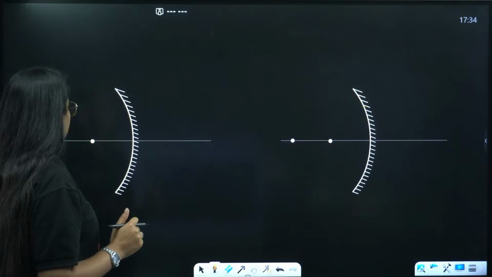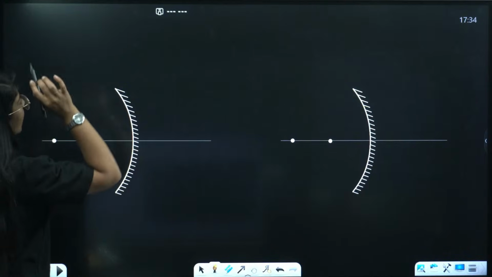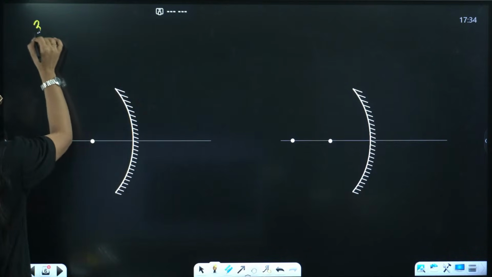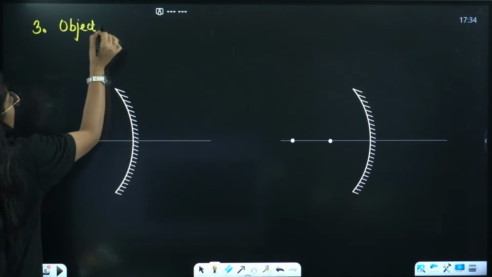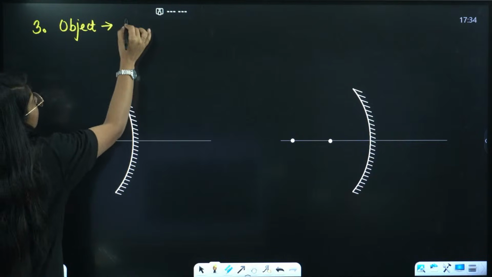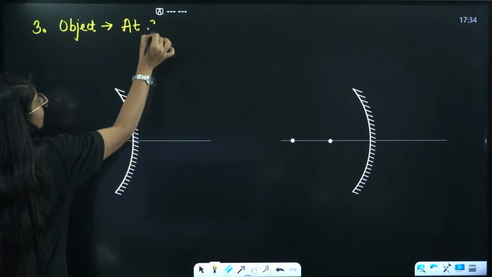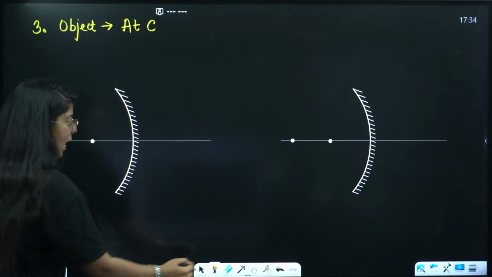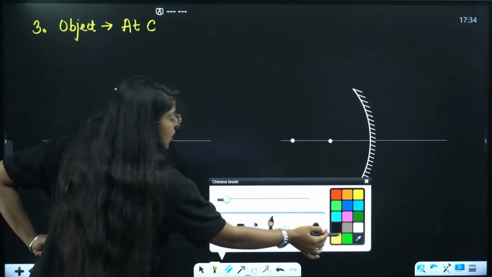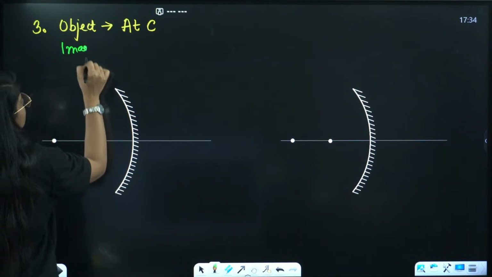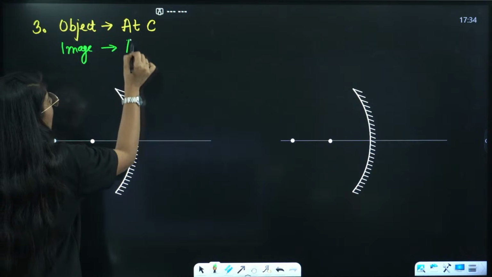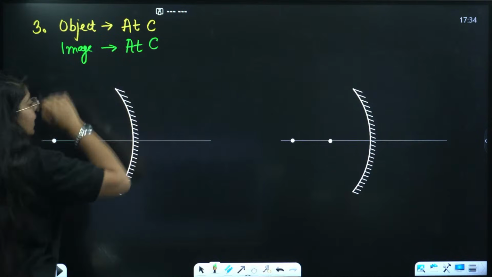Yuan is saying, let us write what the third case is: when the object, see this is exactly how you write object. Ma'am, object is at C. Done. Then if you can change the colors and write where the image is. Image is, ma'am, again at C. Very good.